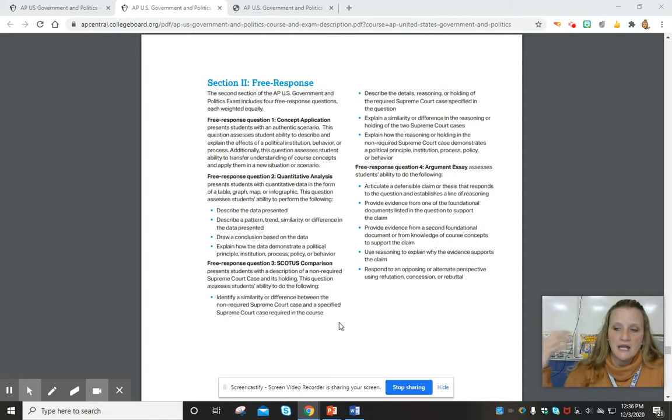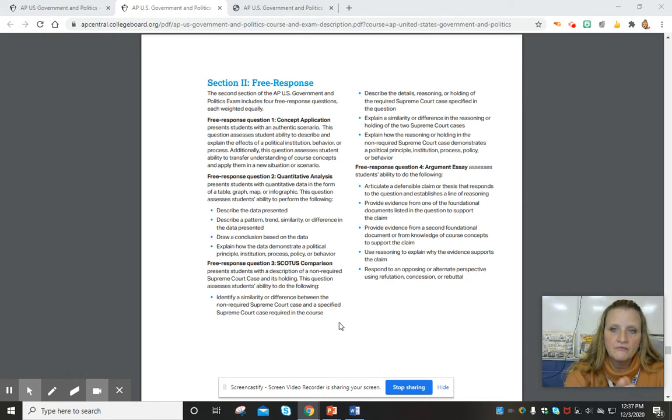And they may give you a case that might be similar to that. I can't think of anything off the top of my head. So you're going to have to read that case and look at its merit and what's going on in it, what did they decide and what was their reasoning, and compare it to, say, Tinker versus Des Moines.